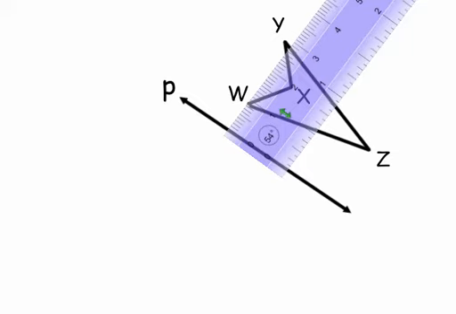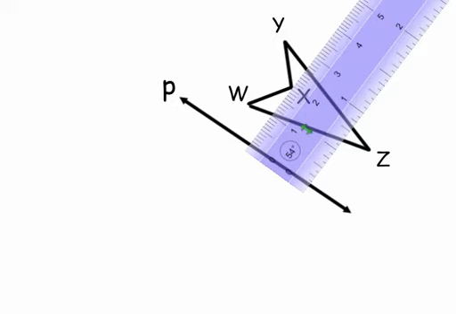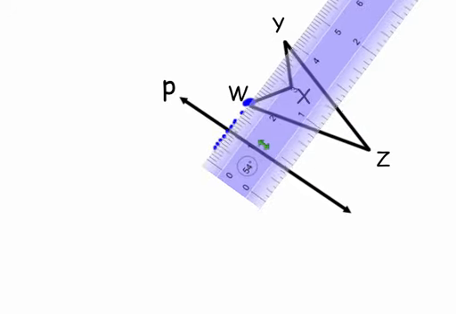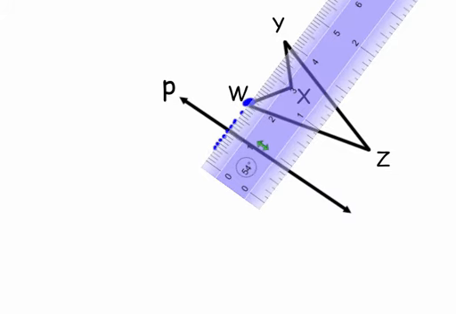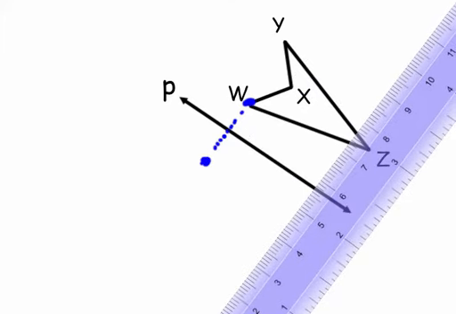So I'm going to go the exact opposite direction, perpendicular, about a centimeter. I'm going to take my ruler and measure about a centimeter, which in this case would be about right here. So I put my new dot the same distance away, and it should be perpendicular to that line. We call that W prime, my new image of W.